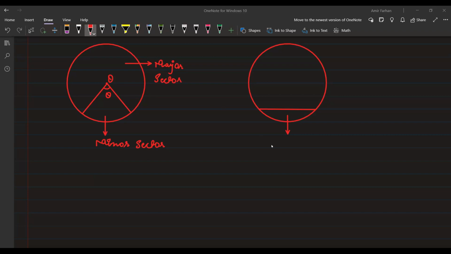This is called the minor segment. And the upper portion will be called the major segment.